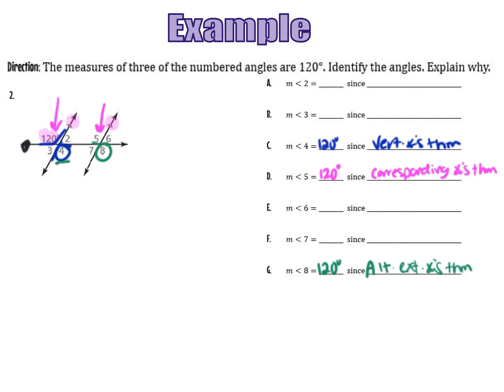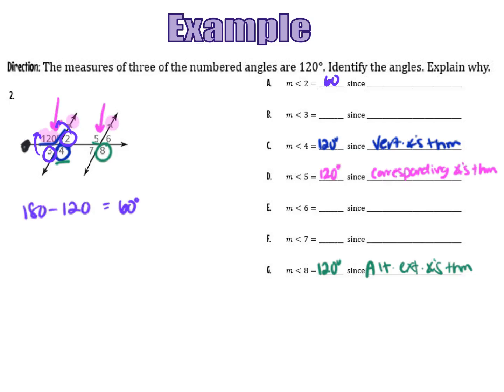And now there's a variety of ways that we can go. I have a whole bunch of linear pairs. So for example, I know that angle 3 and angle 2, which are vertical to each other, but they're also forming a linear pair with the 120 degree angle, which means 180, which is how much it is to be a linear pair, minus 120 is going to give me 60 degrees.